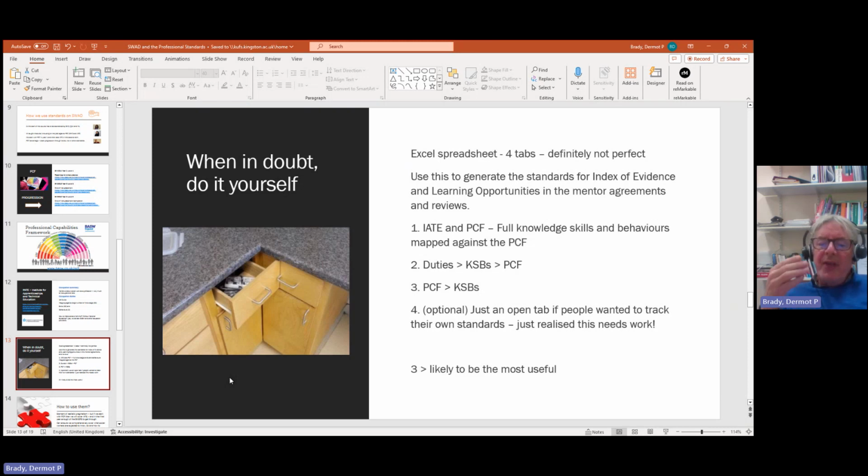If we take that approach, we're more likely to be able to use this as a useful document, because it'll identify areas of strength and where we need to develop a little bit more. If you put 1 to 9, then potentially you could just end up putting all the KSBs, and that really doesn't make much sense. So always look for where the strongest link is.